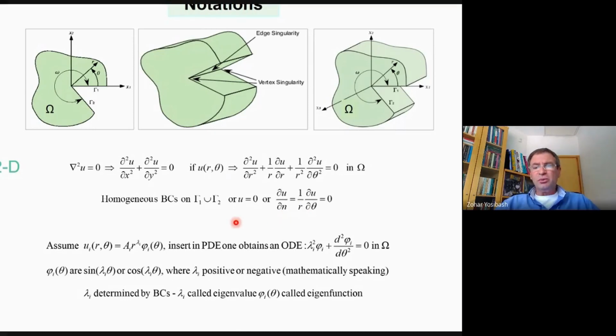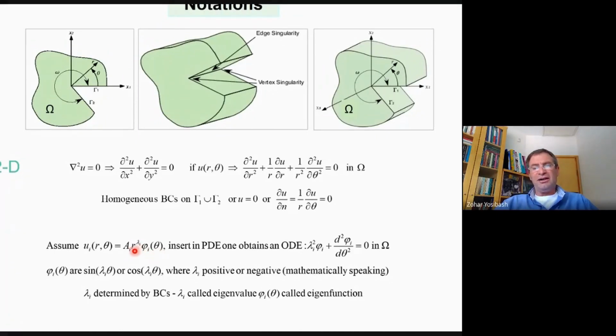So what do we know about the solution of this equation in the vicinity of this singular point? What we really know is that we can decompose the solution into an infinite series, which would look like a factor, a, times r to the power of lambda, times another function, which is a function of theta.